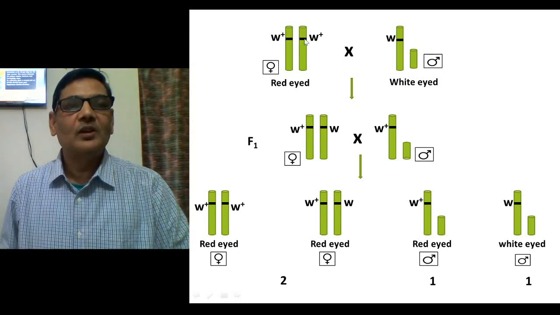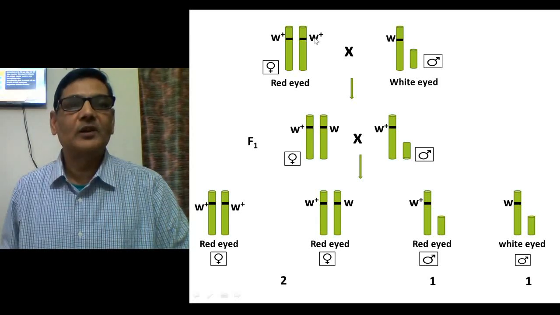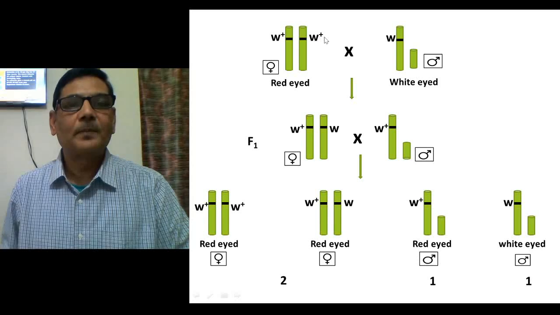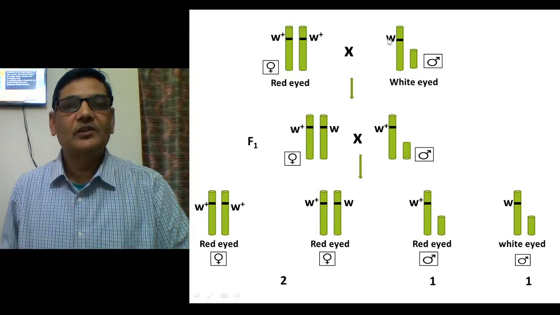If you see the locus where the alleles deciding red eye or white eye are situated, then a female with red eye is indicated as W+ W+. The W+ allele is for normal eye color, that is red eye color. And this w indicates the allele for white eye color.